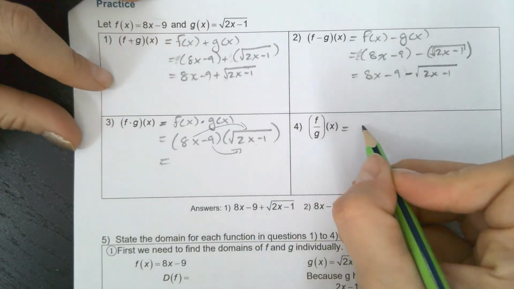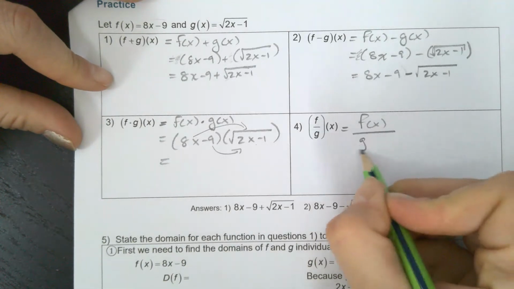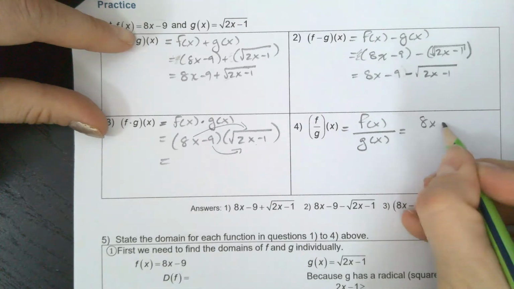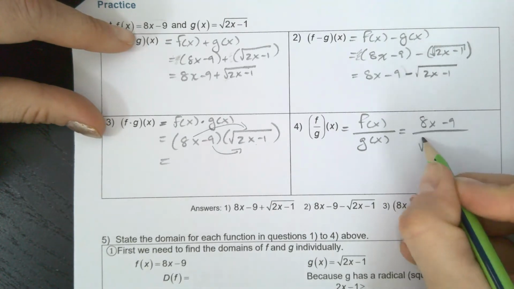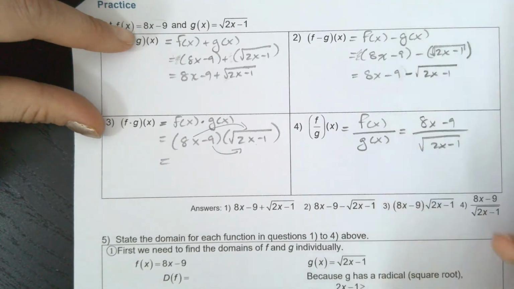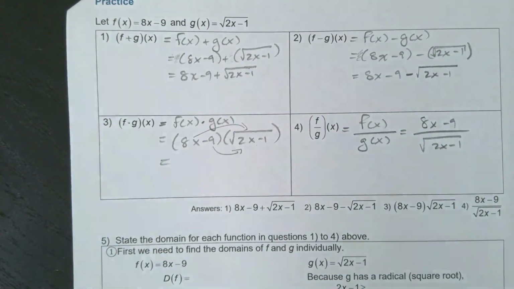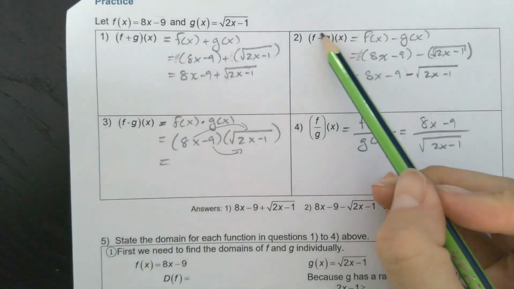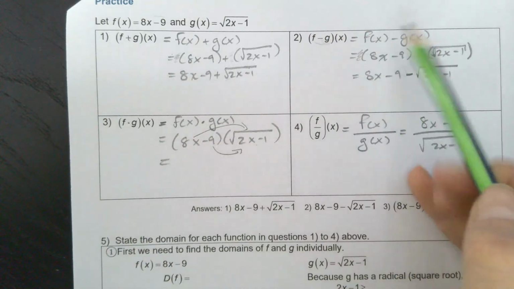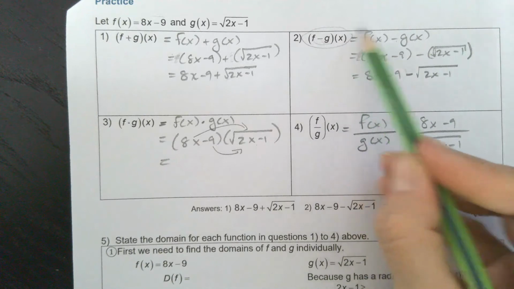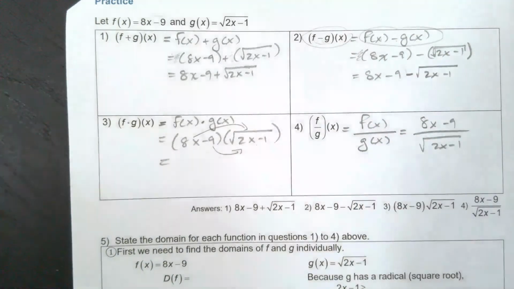Now divide. So f of x is on the top. And I can't really make it more simple, so again, I just leave that. So you can see that this is the short form of saying f of x subtract g of x. So you understand that this means this, okay?